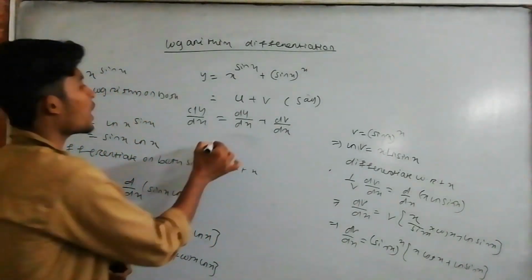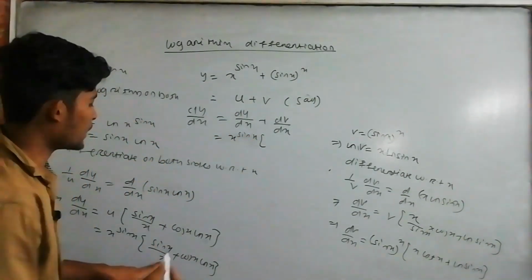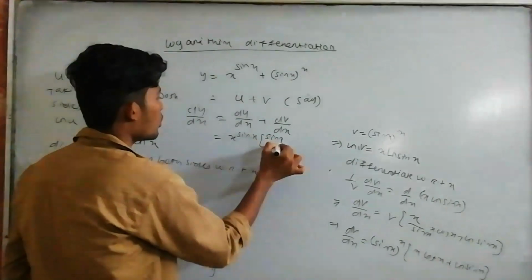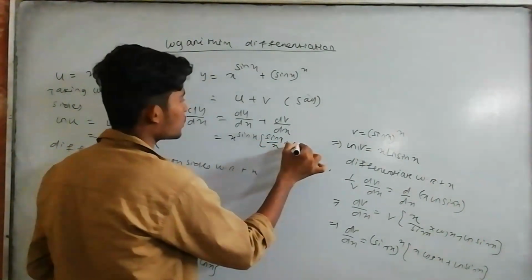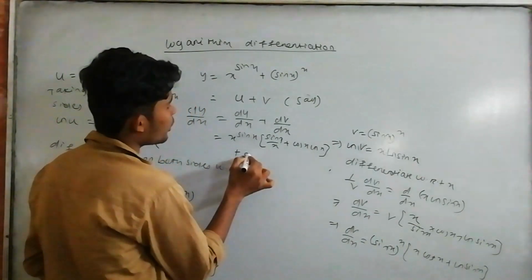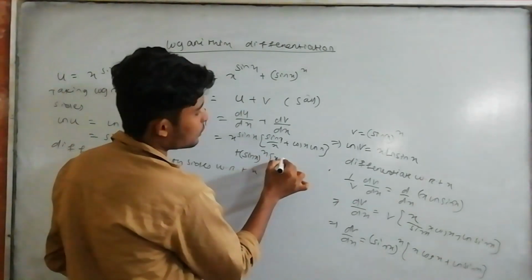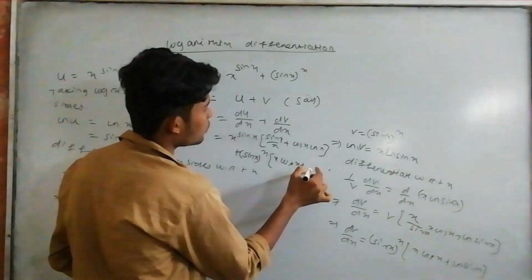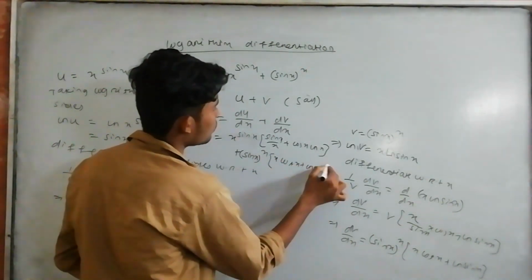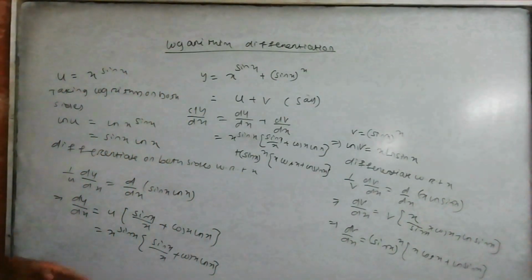Just write x to the power sin x times (sin x by x plus cos x ln x) plus sin x to the power x times (x cot x plus ln sin x). Here I get the derivative.